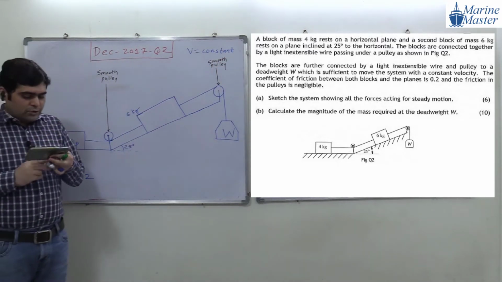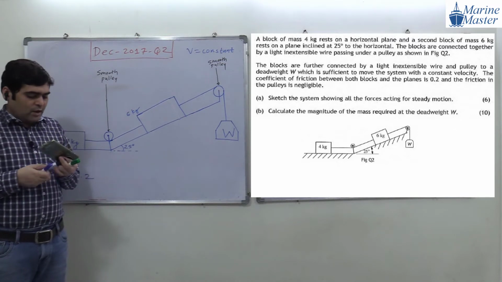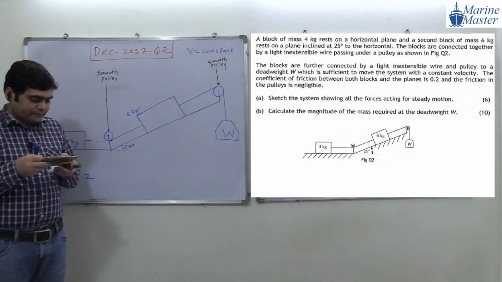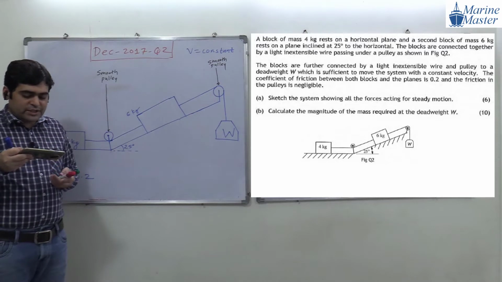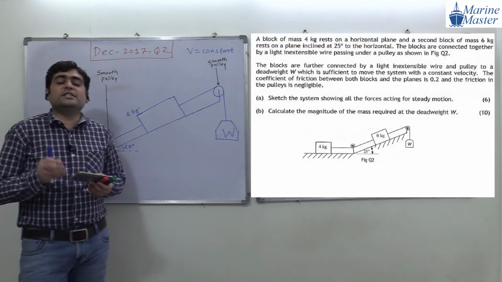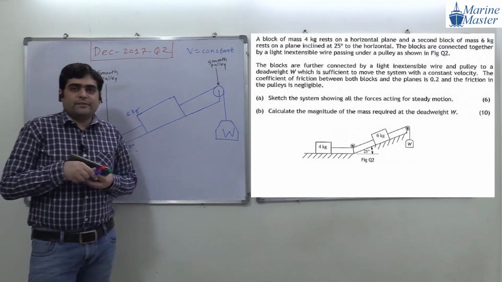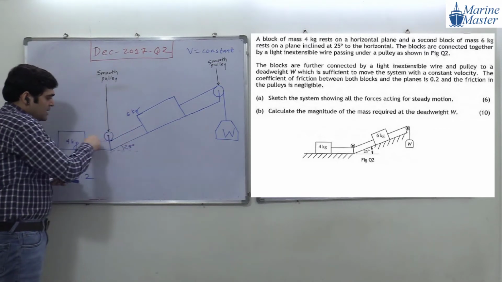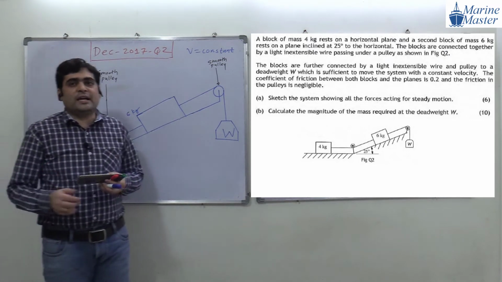Now try to see the scenario here, everyone. The next point is that the friction in the pulley is negligible. So what is the importance of this? See, this is a wire, and if there is a wire, it means there is tension in that wire.